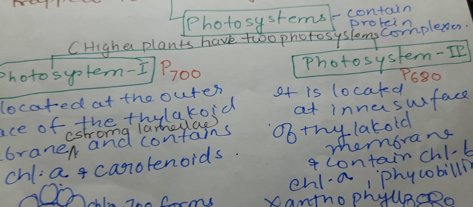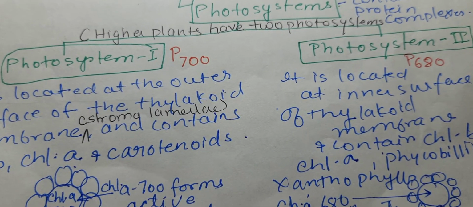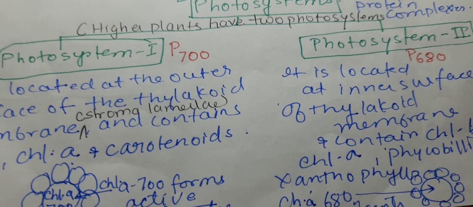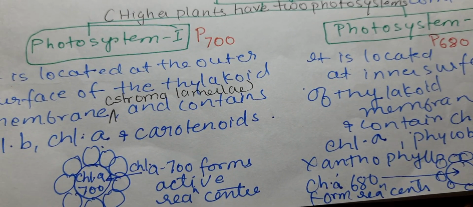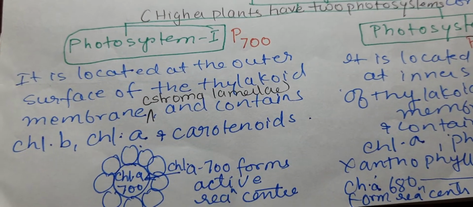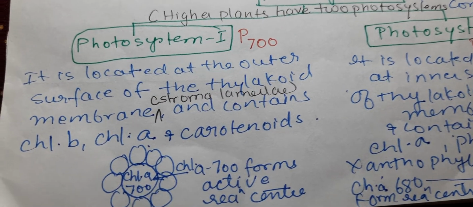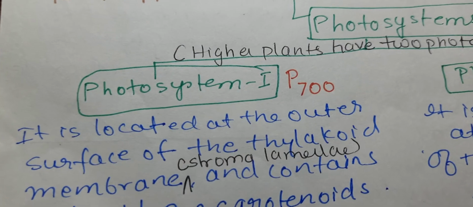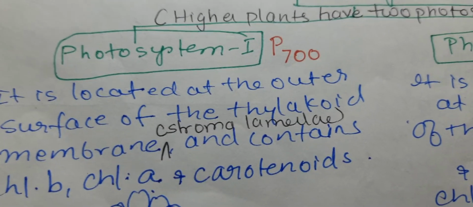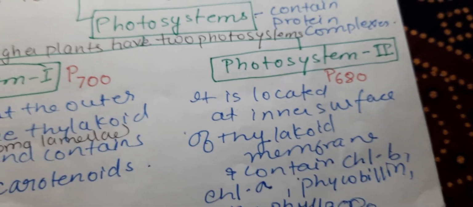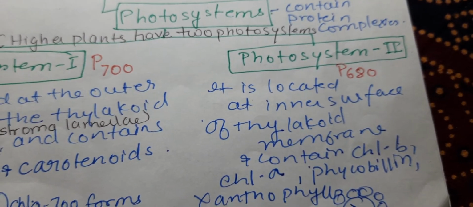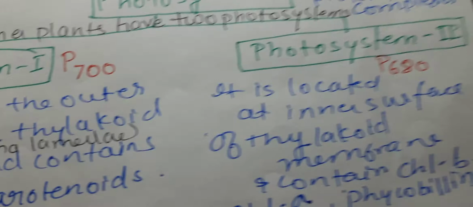There are two main photosystems, photosystem 1 and photosystem 2, which are formed in the green plant, and they absorb the light energy at different wavelengths. Photosystem 1 absorbs mainly near the 700 nanometer wavelength, whereas photosystem 2 absorbs at 680 nanometer wavelength. So they are known as P700 and P680 respectively.